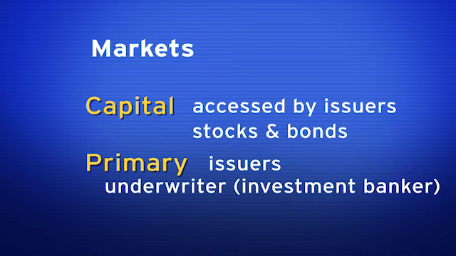Now, an underwriter, an investment banker, is nothing more than a broker-dealer that's going to work with a corporate issuer to help them register their new issue with the SEC, and then they're going to sell the new issue to investors.